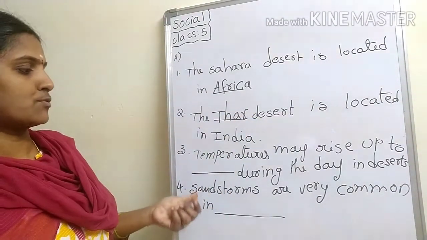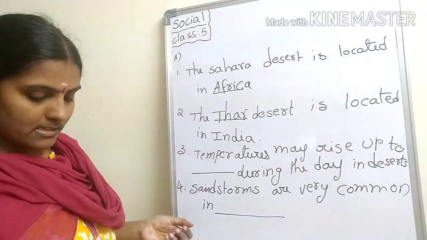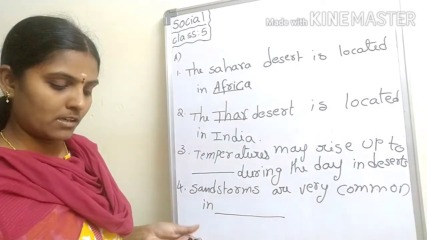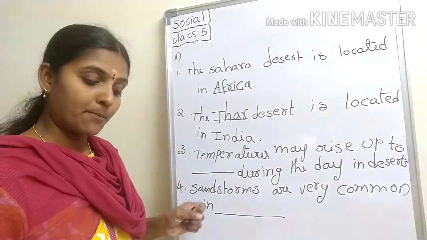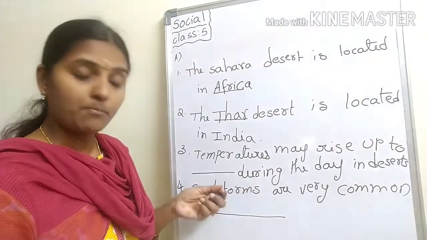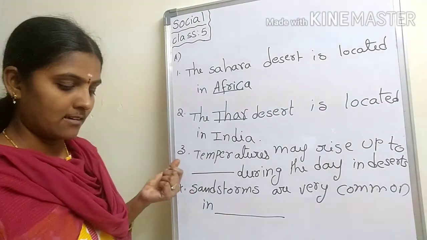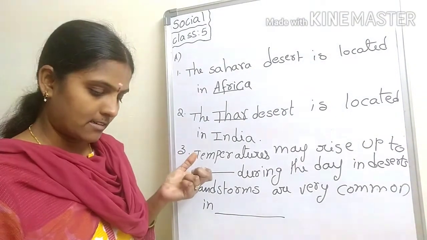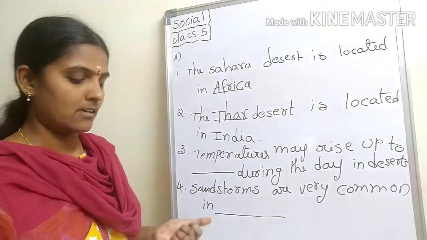Temperature may rise up to how many degrees during the day in deserts: 60, 65 or 50 degrees Celsius? During the daytime, the temperature reaches up to 50 degrees Celsius and falls to around 10 degrees Celsius as night falls.